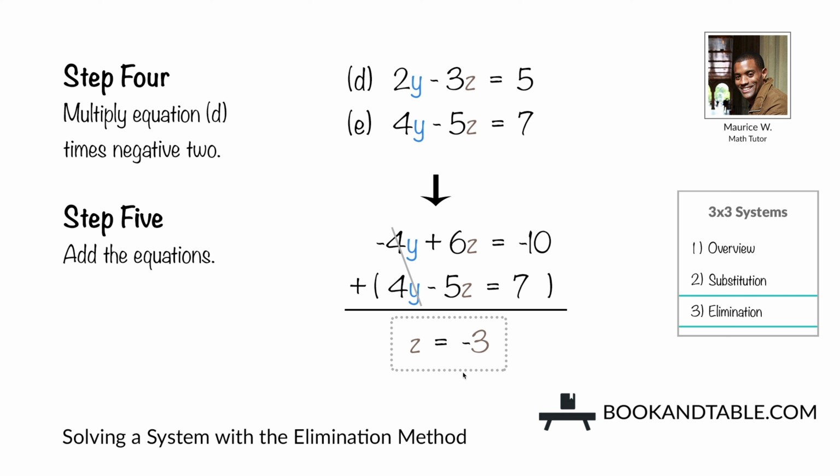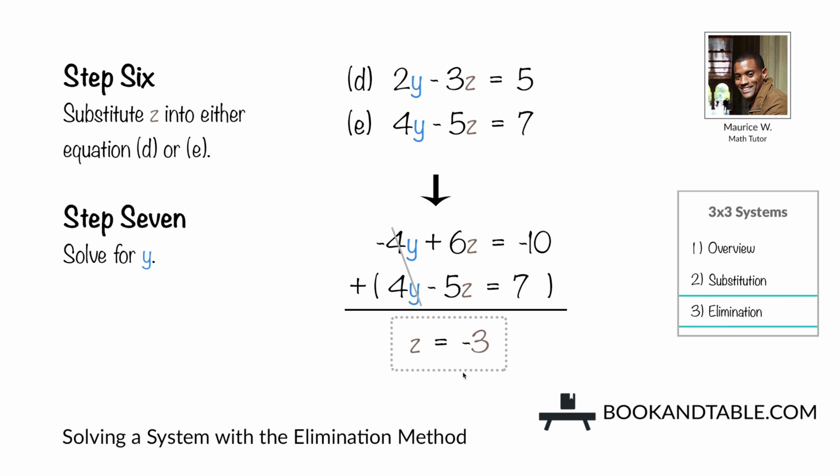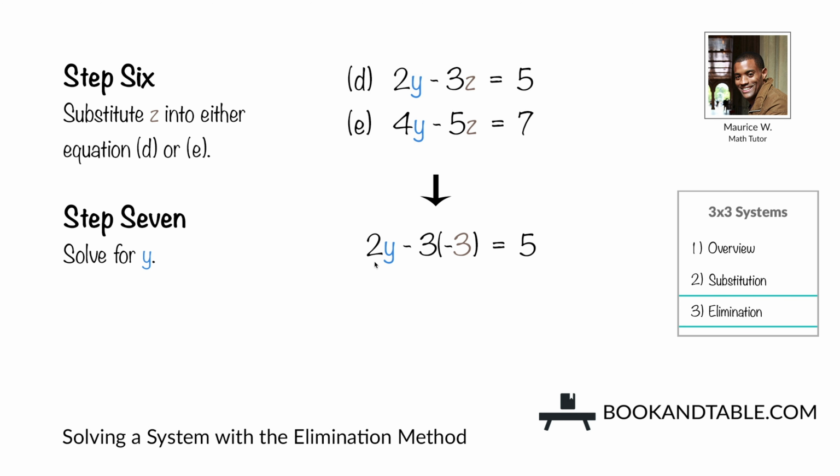So now that we found the value to one of our variables, step 6, we can substitute z is equal to negative 3 into equation D or E. You can plug it back into either one. And then step 7, solve for y. So if we plug negative 3 for z into equation D, we get 2y minus 3 times negative 3, which would be positive 9, is equal to 5.